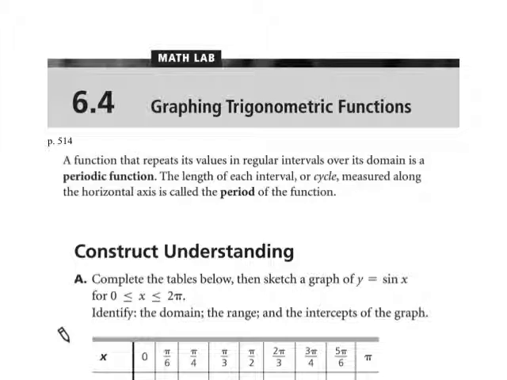And so as you graphed these three functions, y equals sine x, y equals cosine x, and y equals tangent x, each of these was a periodic function in that they repeated themselves over a given interval in the horizontal axis. So let's review these three together.